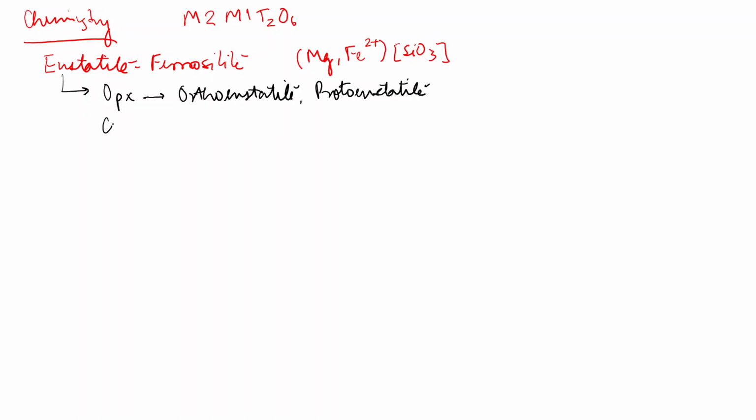While in clinopyroxene, the same can occur as clinoenstatite. Okay. Now, if you look at the properties of these, the protoenstatite is stable at high temperatures.